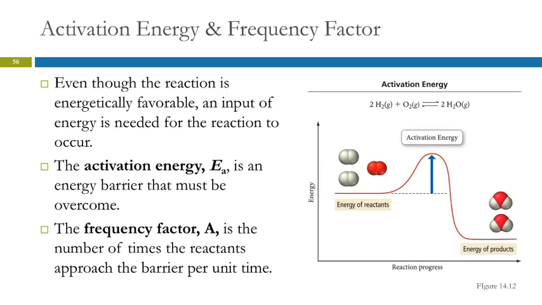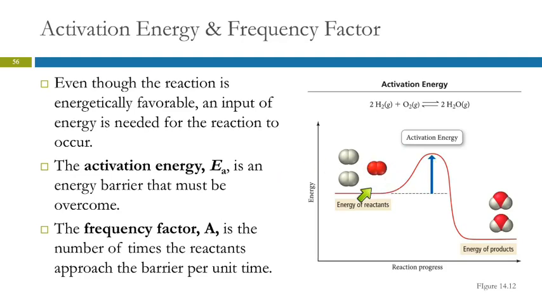But there's a barrier in the middle. So even though it's energetically favorable, there is still some energy required for it to occur. And that's represented here by this activation energy. It's an energy barrier that must be overcome. The frequency factor is related to how many times the reactants approach this barrier, and how many times they are successful then.